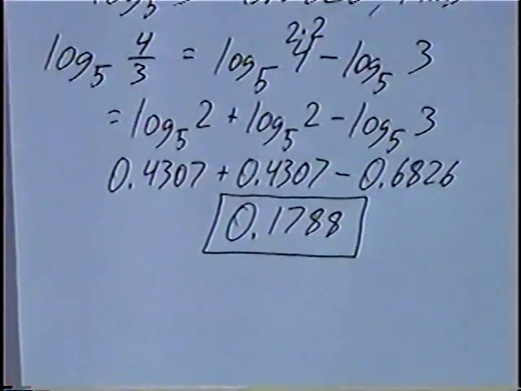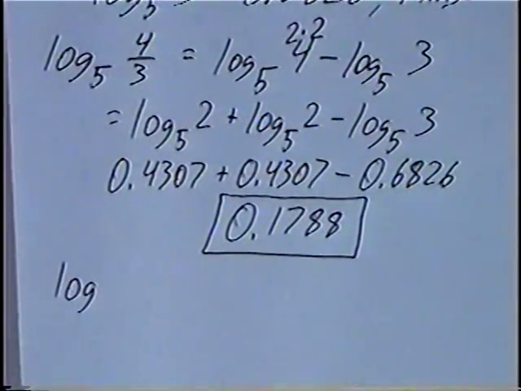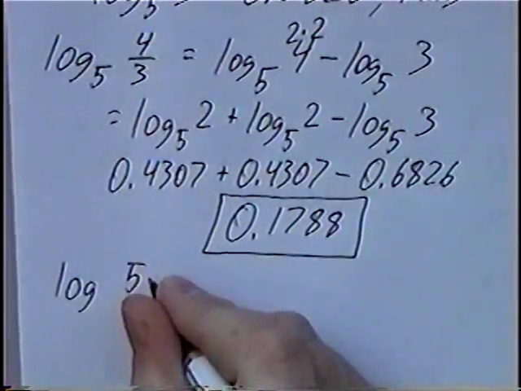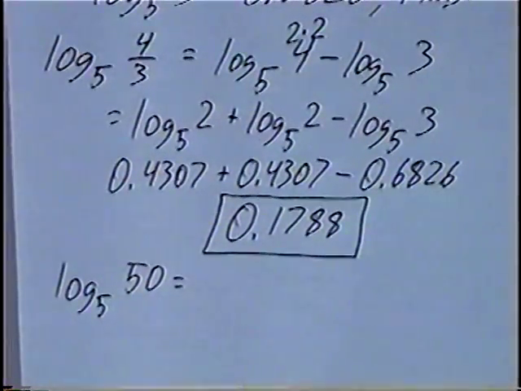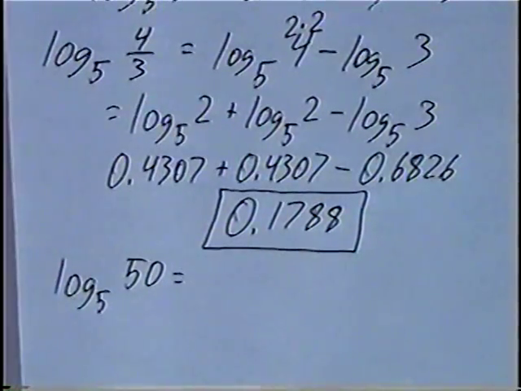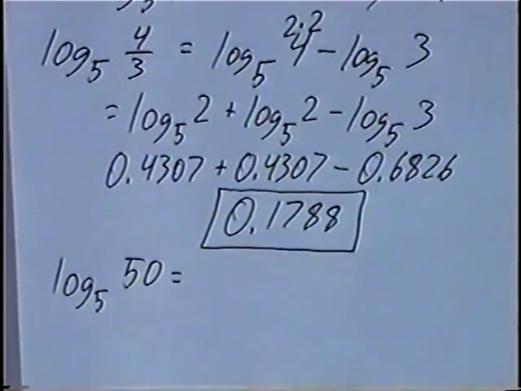Second question, and last question for the section. Again, we'll approximate the value of the log. This time we'll have log 50 base 5. To approximate, we need to change 50 into the given numbers that we had before. Using the properties, we can change 50 into several numbers.